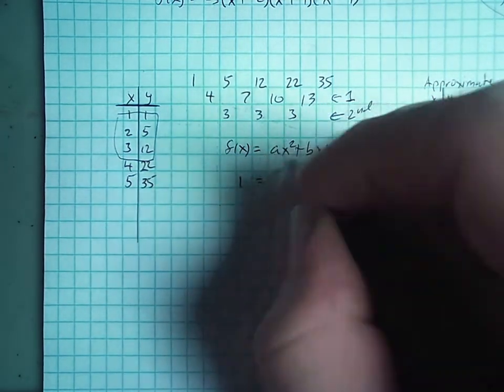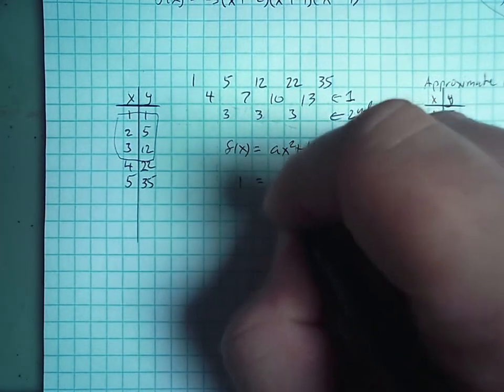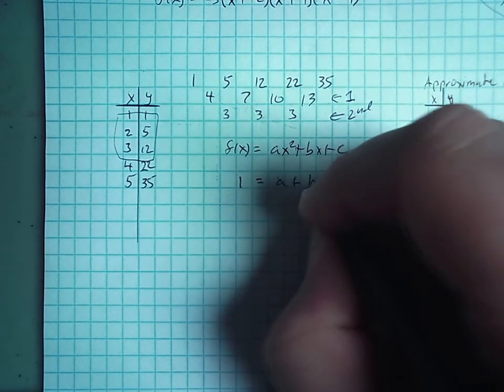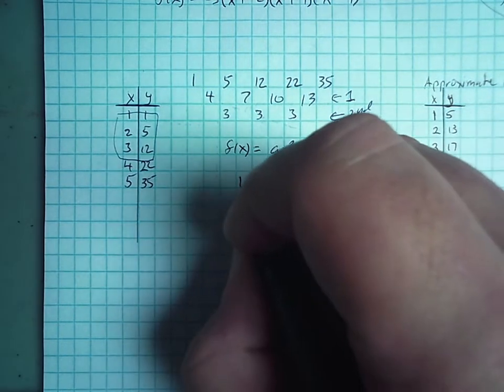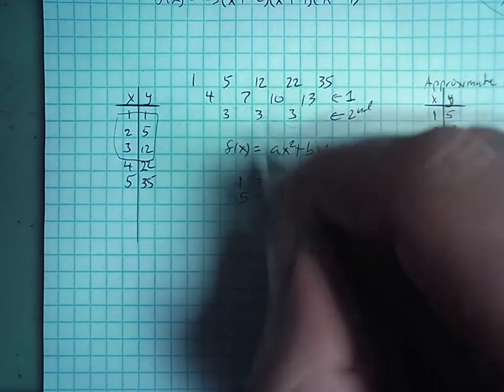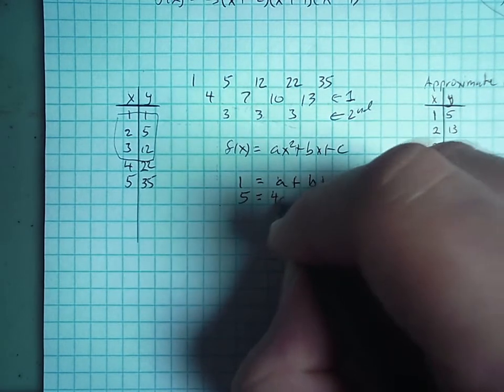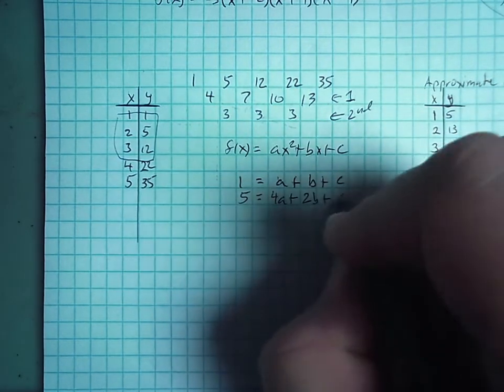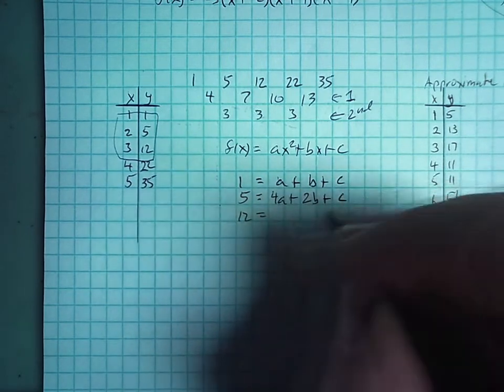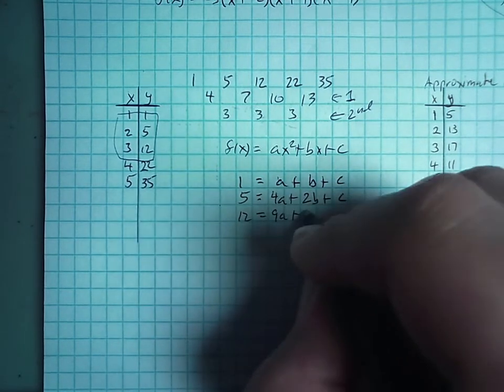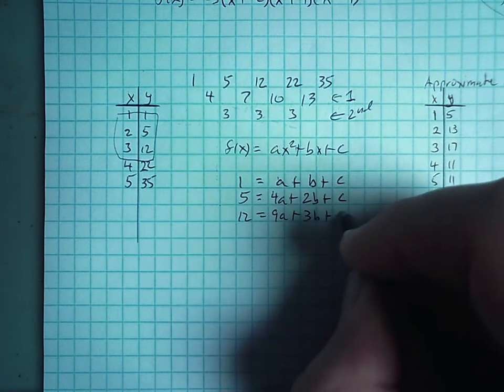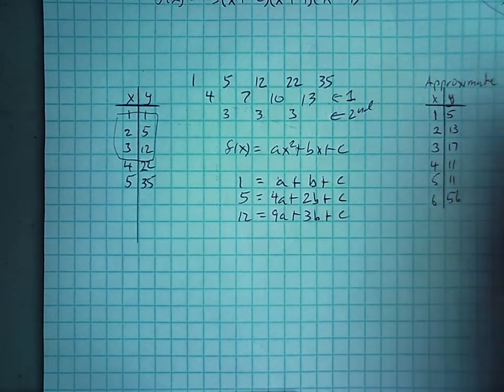So 1 equals a times 1 squared, which is 1, and b and c is by itself. If x is 2, this becomes 4a, 2b, and c is by itself. And for 3, I get 9a, 3b, and regular old c.